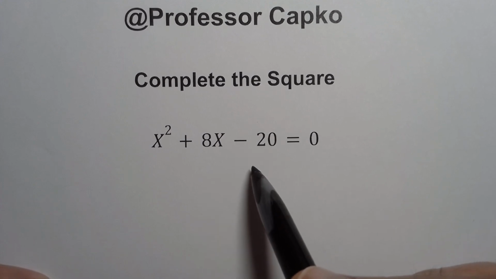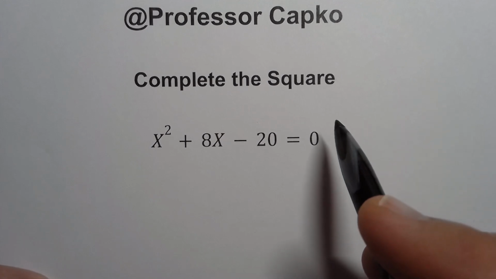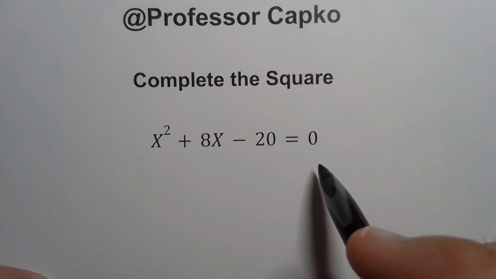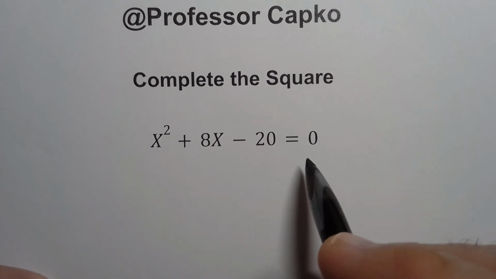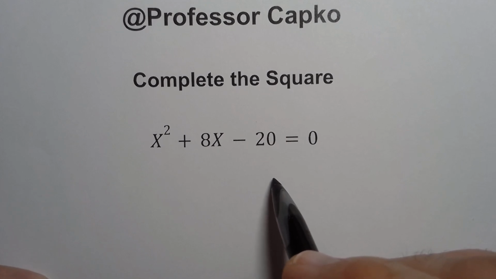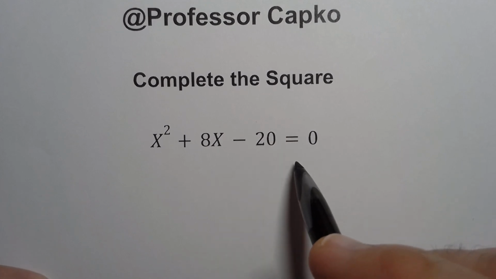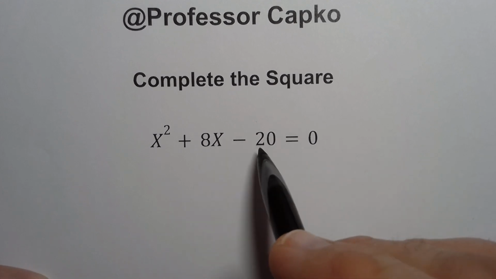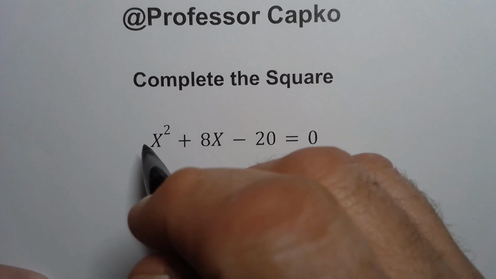Those are all subjects of other videos. We're going to focus on how to complete the square today. So completing the square is we're going to create a perfect square trinomial, and from that we will then be able to solve it. But let's take a look first at what we have here.